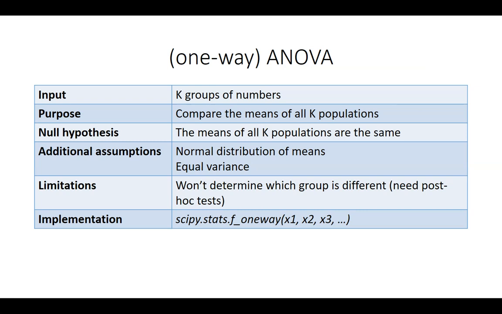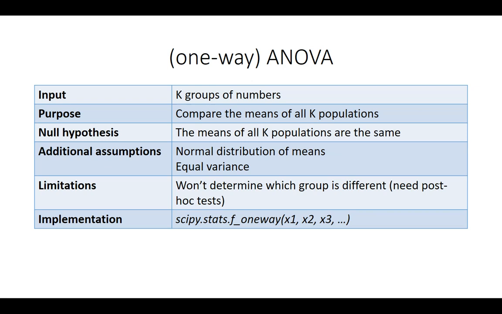But limitation, again, like we saw with Kolmogorov-Smirnov, that we had some difference, but we couldn't really attribute it to something specific. Here we have a similar kind of limitation, that even if we get a statistical result, then we won't know which is the group that has a different mean than the others.